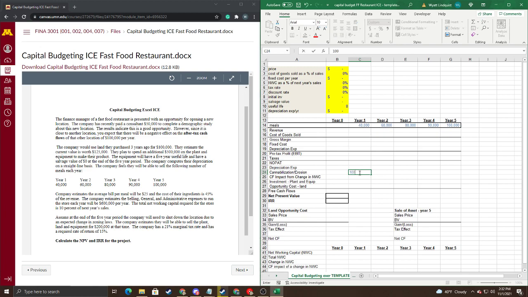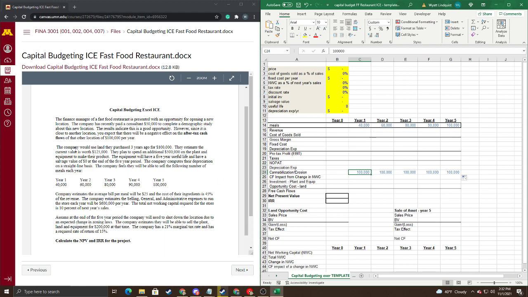So we're going to place a $100,000 cannibalization cost in years 1, 2, 3, 4, and 5. We're doing this because we're cannibalizing that $100,000 after taxes, so it's after the tax bar here, and it's going to be for all of the years that we have.